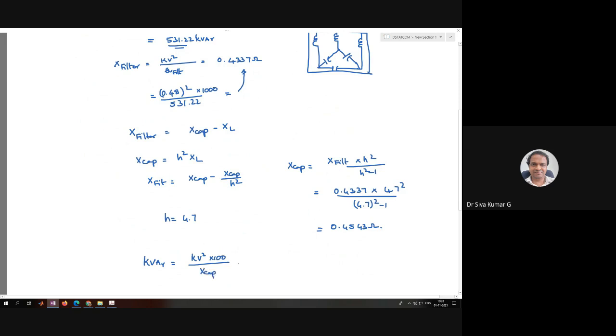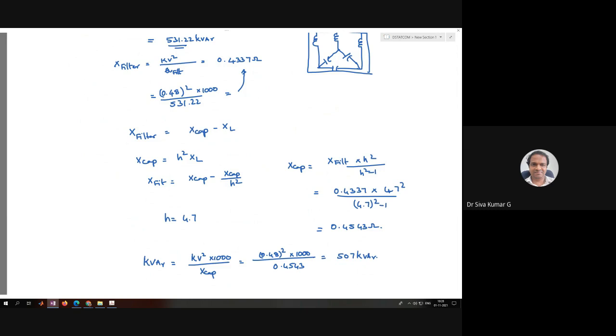We can find it as 0.48 square into 1000 by 0.4543. We get the value of this as around 507 kVAR, kilovolt ampere reactive.